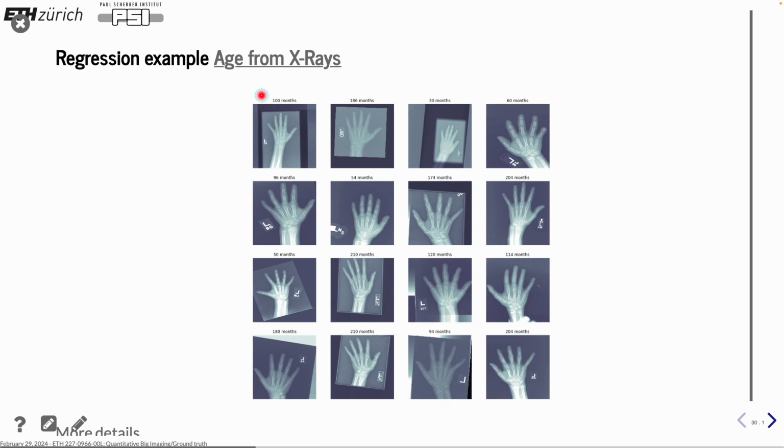So this is 100 months, that's quite old, actually. 186, so they are getting more almost adult. 30 months, there is one that is pretty young. No, it wasn't, not in this collection. Anyway, from the shape of the hand and the dimensions, the regression should be able to tell how old the child is. And so the training needs to take care of that.